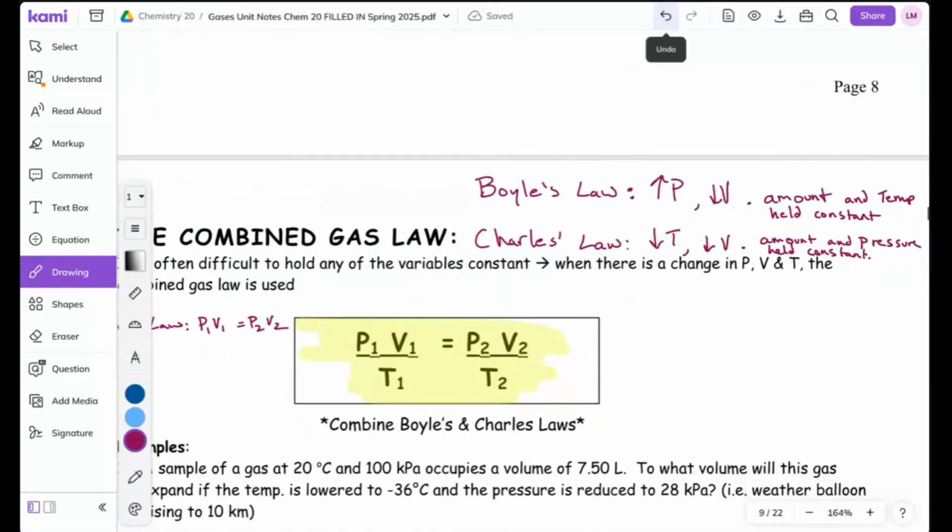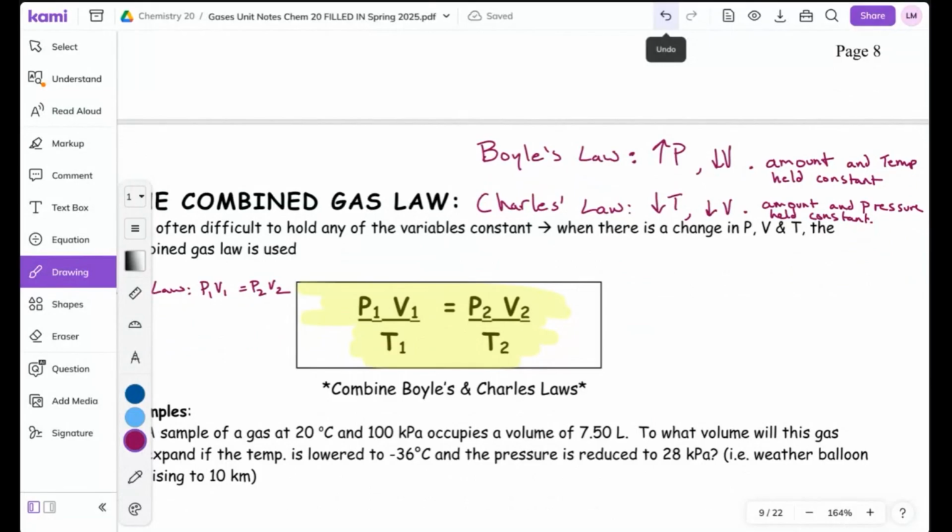Meanwhile, for Charles's law, pressure and amount is held constant, but once again, moles aren't in the combined gas law. So if we cancel out P1 and P2, since they're being held constant, which means they're the exact same value, then that's how you get Charles's law.